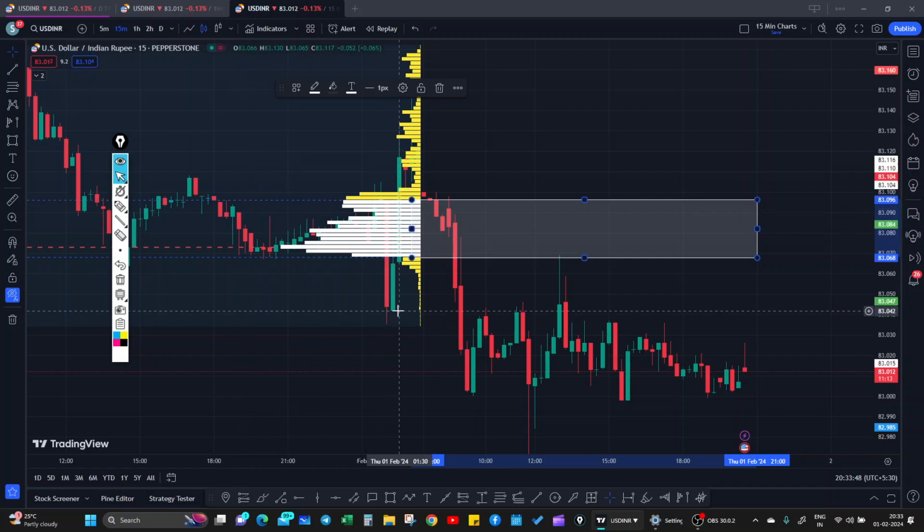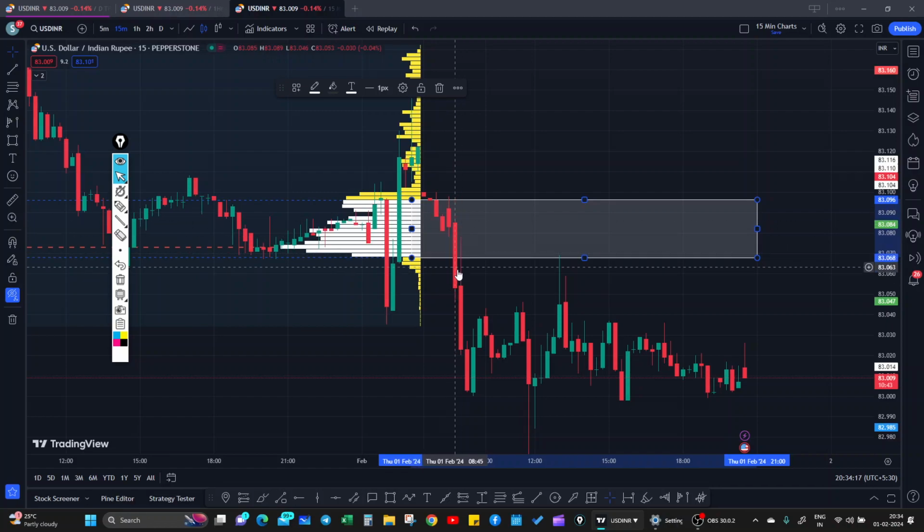It broke, means the market has rejected the previous area where most of the traders and most of the volume are. It means the market doesn't want to stay there, it wants to move down. This is a good piece of information that you get from the volume profile.